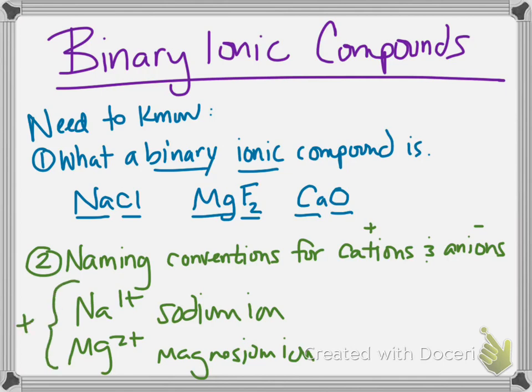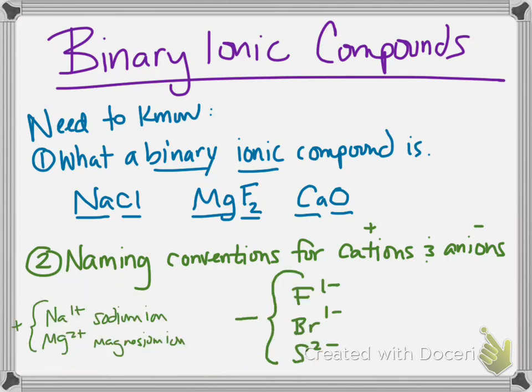The anion naming conventions are slightly different in that when naming an anion, and I'm assuming that you know this, we drop the original ending of the element in question and we replace it with an IDE.